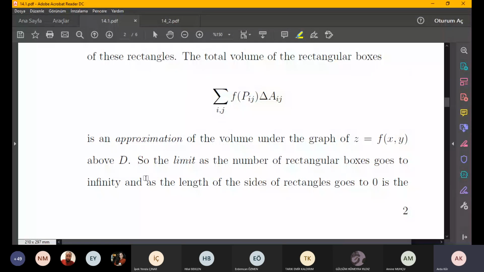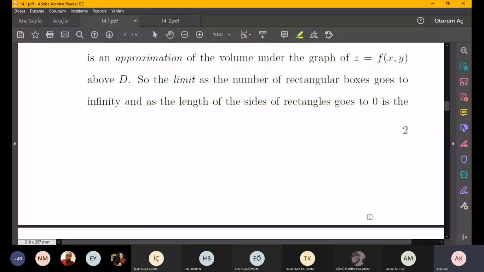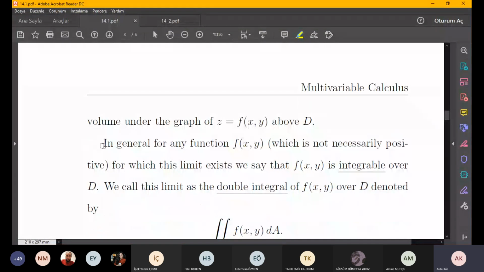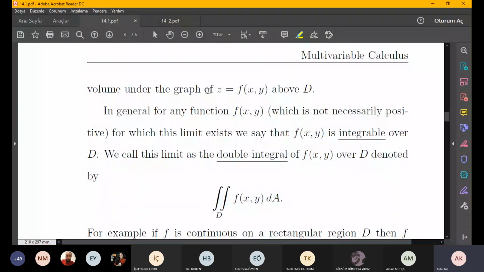So the limit as the number of boxes goes to infinity, the same process as in the definite integral for one variable functions, as the size of the rectangles goes to 0, is the volume, as we said, of the solid which is under the graph of f(x,y) and above D.